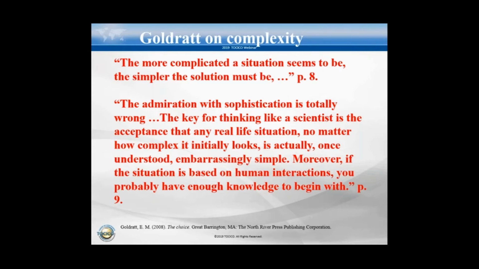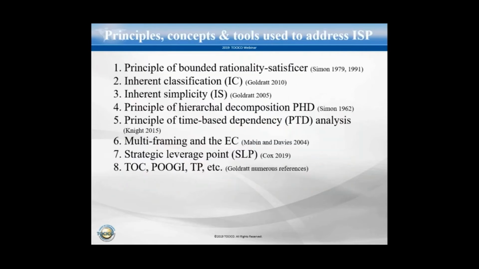The key for thinking like a scientist is the acceptance that any real life situation, no matter how complex it initially looks, is actually, once understood, embarrassingly simple. Moreover, if the situation is based on human interactions, you probably have enough knowledge to begin with. Totally different end of the spectrum.